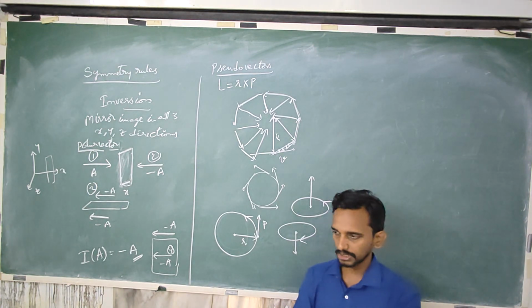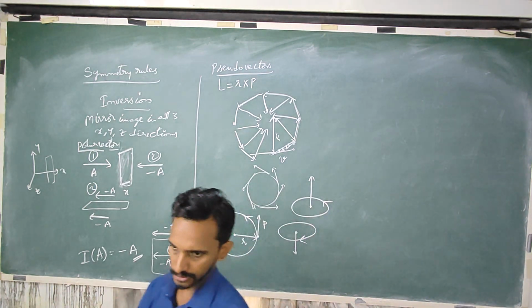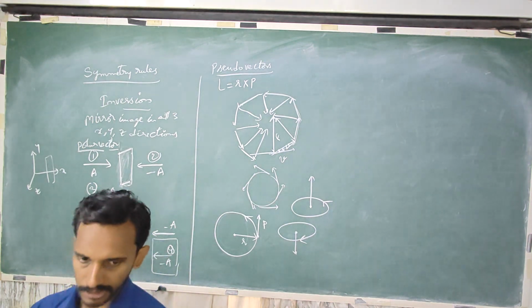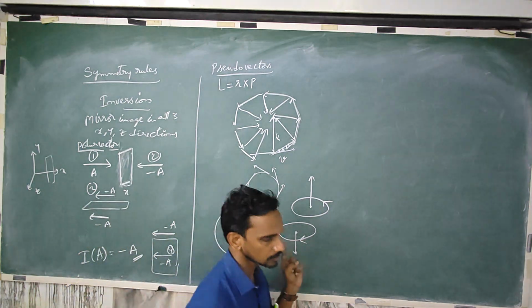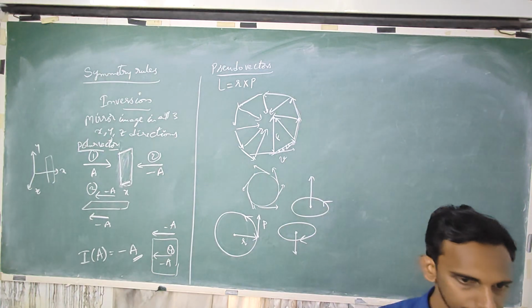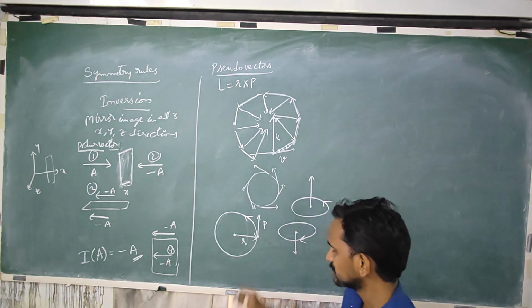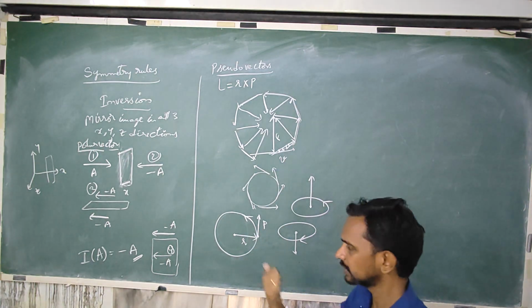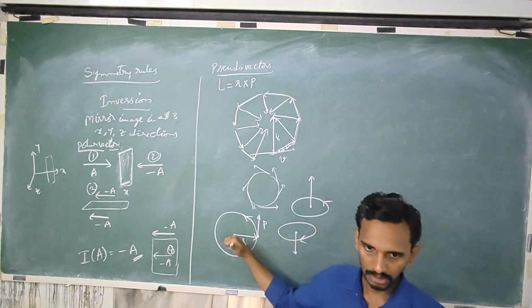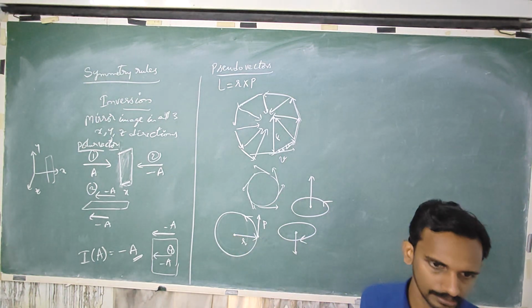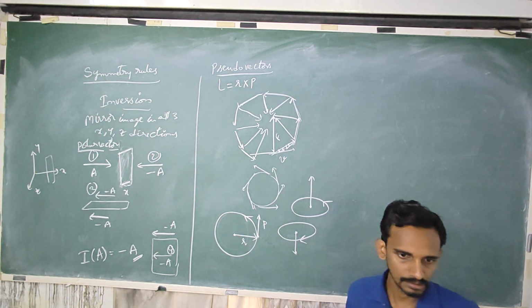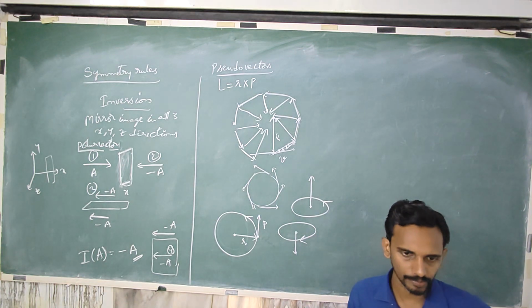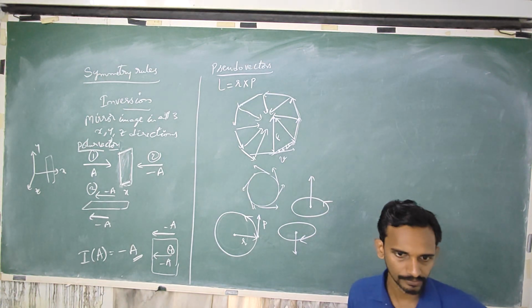Now we have to take the cross product of these two vectors, and the resultant direction is perpendicular to the plane containing R and P. So which way? Is it upwards or downwards, or out of the board or into the plane? Which way should we take? Both perpendicular directions are valid, right?